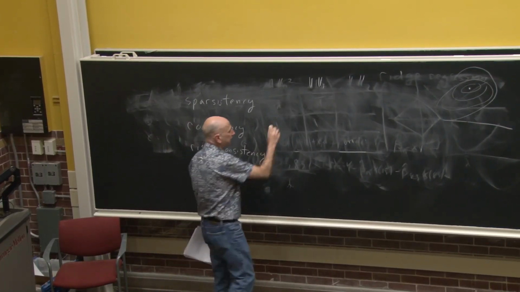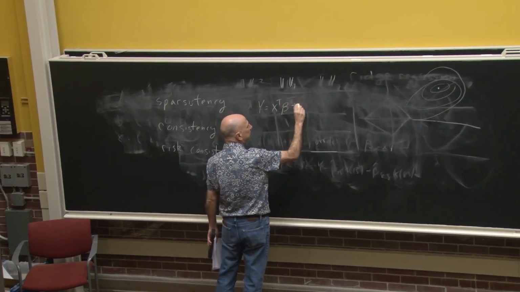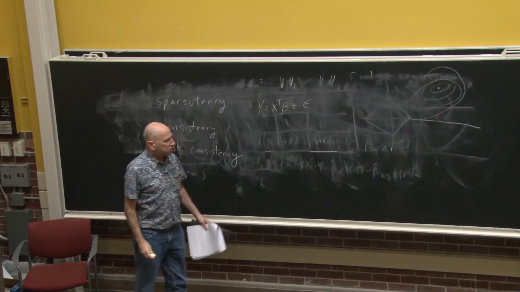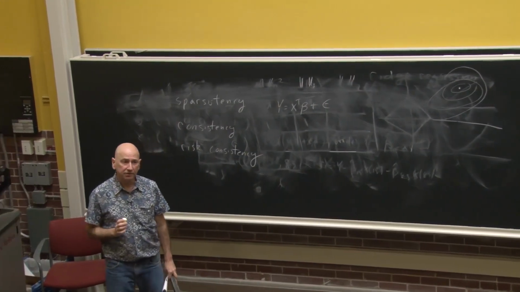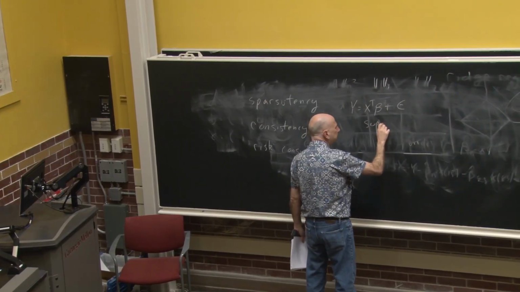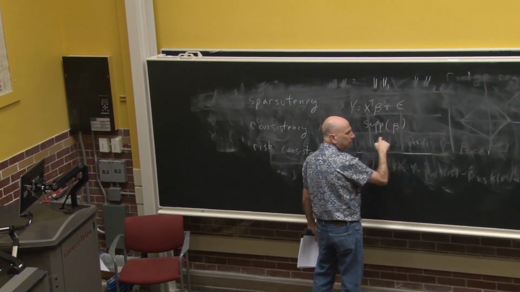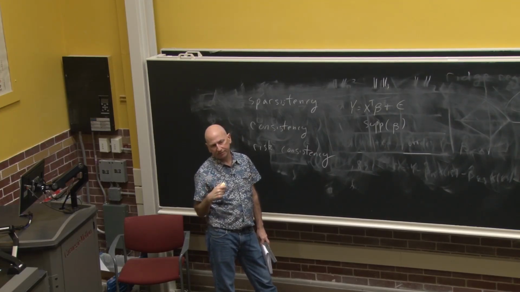Sparsistency refers to the following things. Suppose the true model is actually linear. Suppose that the true beta is sparse. And let's define the support of beta to be all the places where it's not 0, some small set.